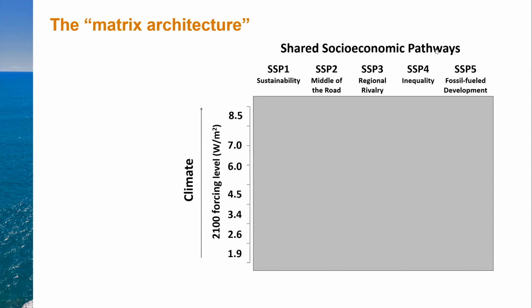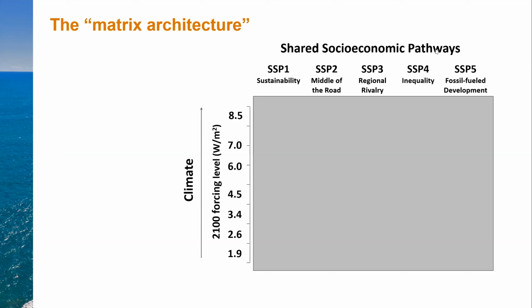So conceptually, we want to combine a number of different forcing pathways or climate model outcomes. These are organized on the x-axis of this square space here. And what's being labeled is the radiative forcing level at the end of the century. Each one of those numbers stands for one of these forcing pathways and climate model outcomes.